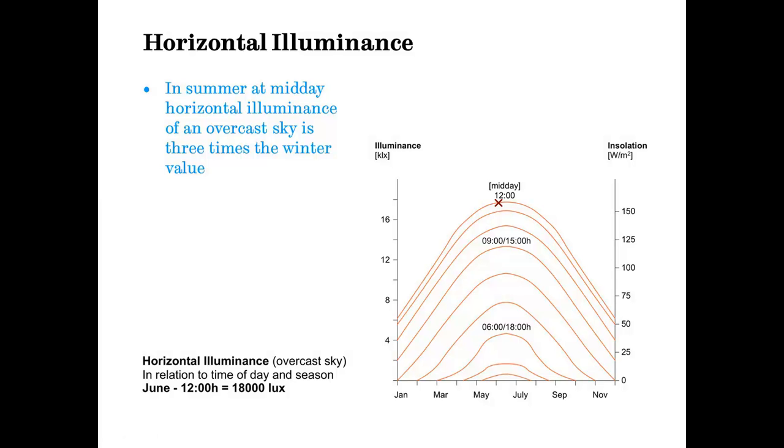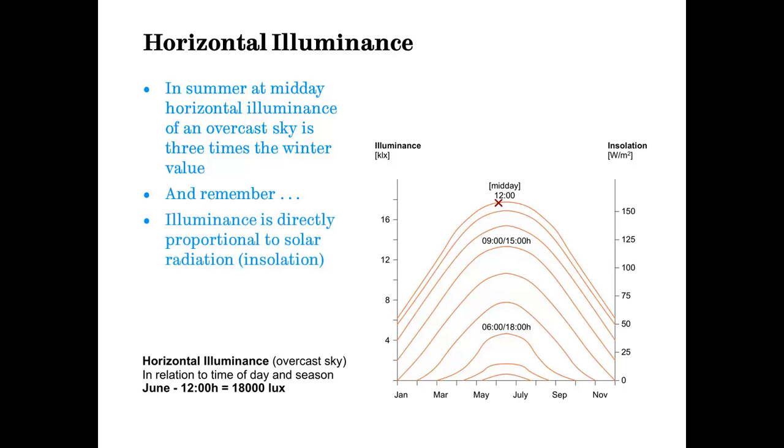So if, for example, we go to midday, this top red line is our midday figure, and as you can see, in January we're right down at this level, which is about 6 kilolux. We go all the way up to the top here, and roughly we have about 3 times as much energy in summer as we do in winter. And the important thing to remember is that illuminance is directly proportional to solar radiation.